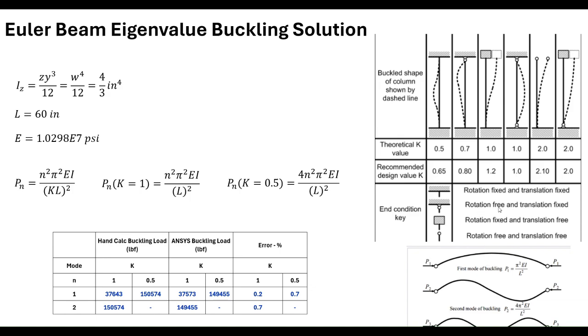And what that's saying is you have a free rotation, but the translation is fixed. So we are only allowing the rotation free in the x direction, or about the x-axis. And so these are the results here from the hand calc.